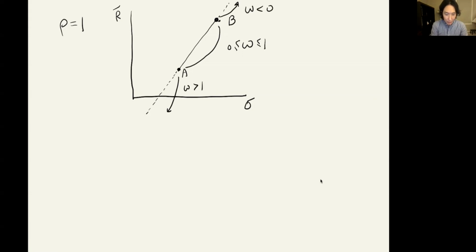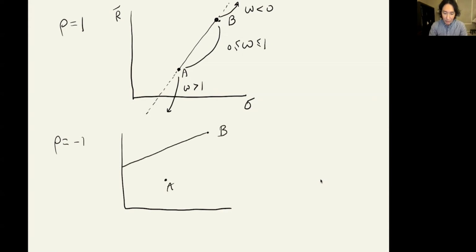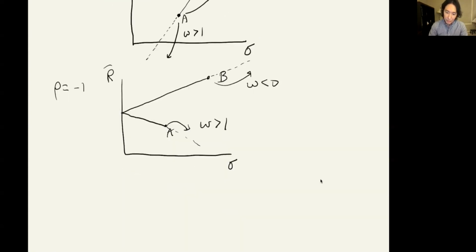And you can also do the calculation for when correlation is -1. Okay, and what do you get? You get an investment opportunity set like that. Similarly, if you want to go above these points, then W should be greater than 1, or W should be less than 0.